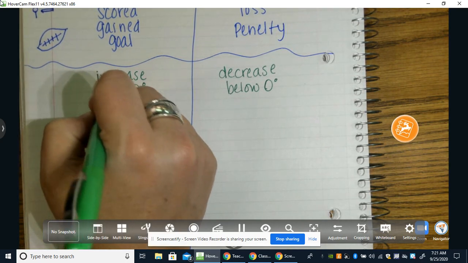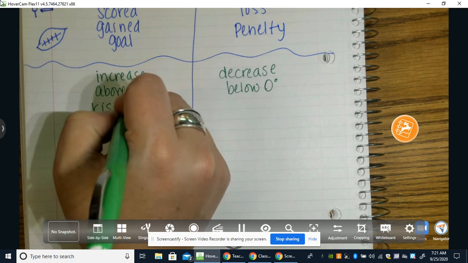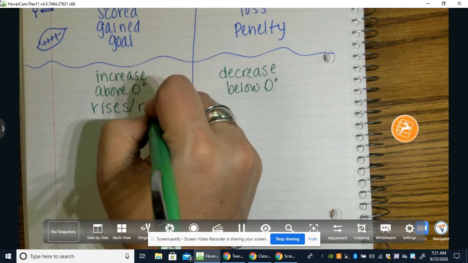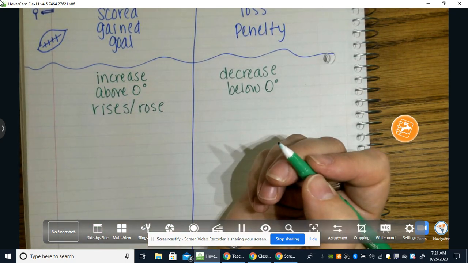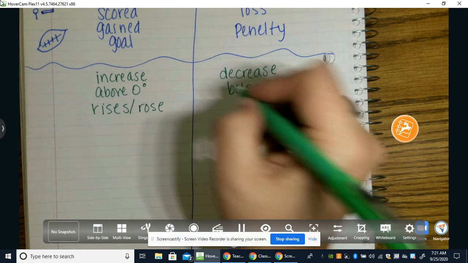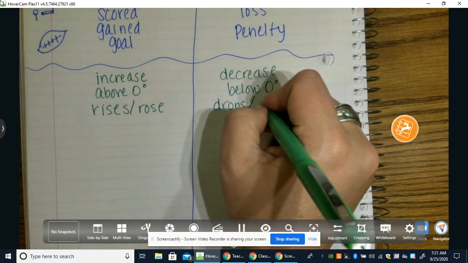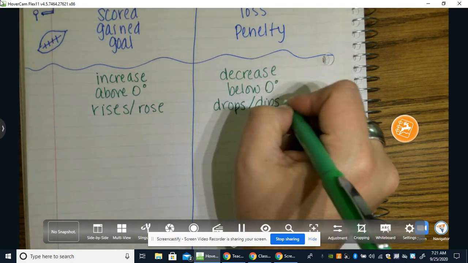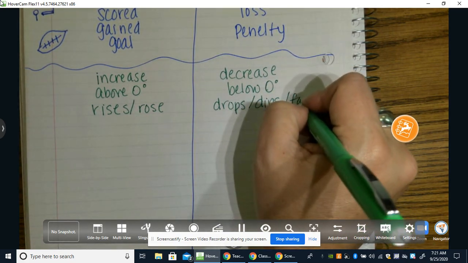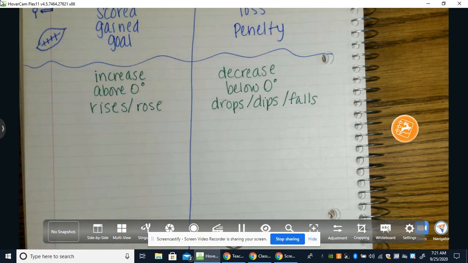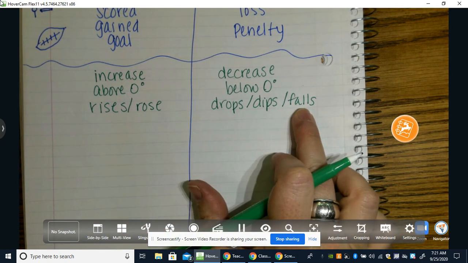If the temperature rose, we're talking about positive integers. If the temperature drops, sometimes they say dips down, or the temperature falls below freezing, those words deal with negative.